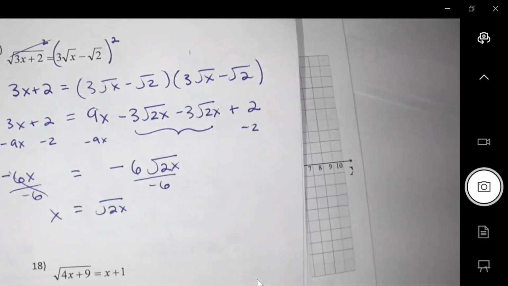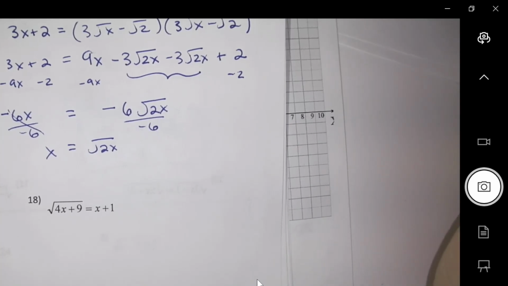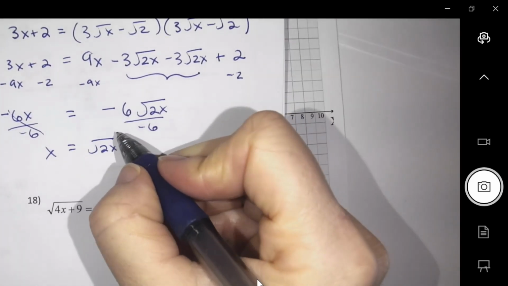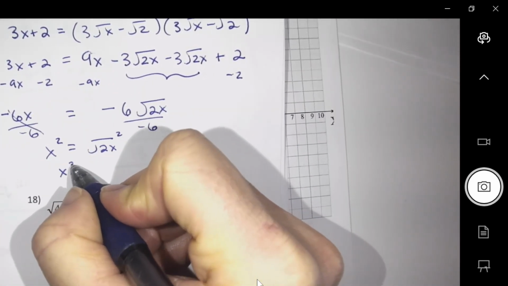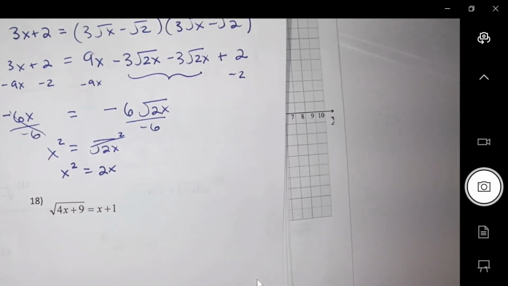There's a lot of algebraic properties in this equation solving. Now what? Square it. Now what? I see x squareds in here and x's.